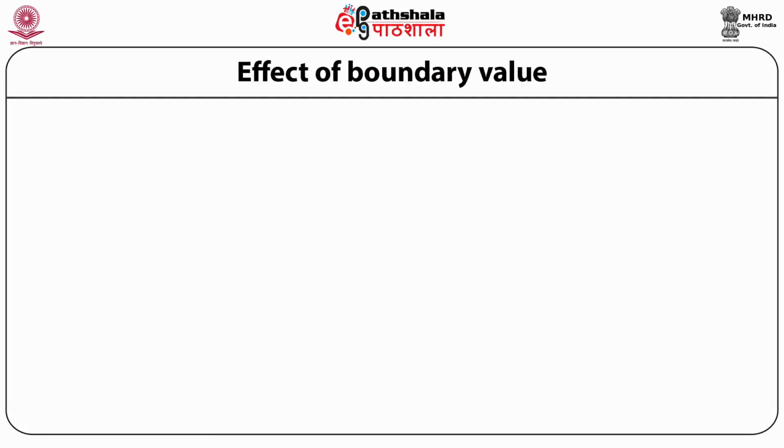We want to understand the effect of boundary value. Now, let us assume there is a differential equation d squared y by dx squared minus 4y is equal to 0. Why do we define a system just by one differential equation? Can it really replicate a real system?